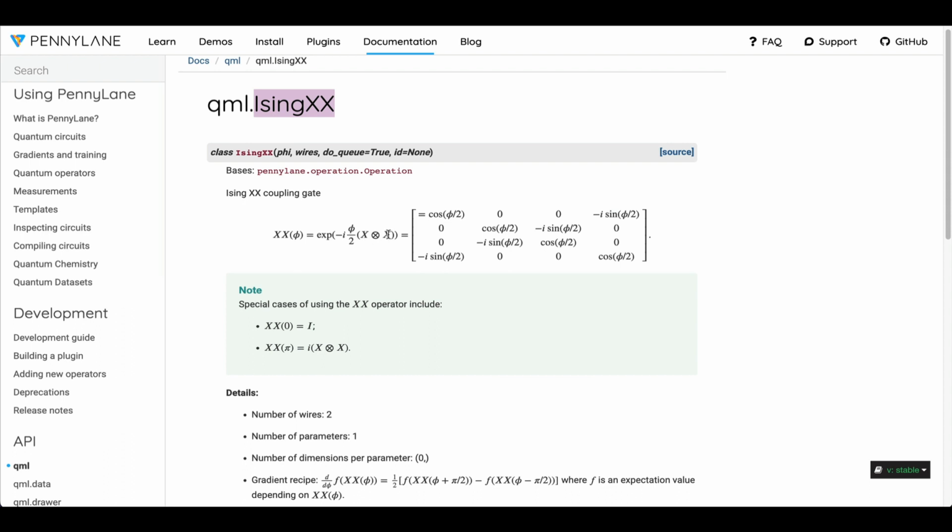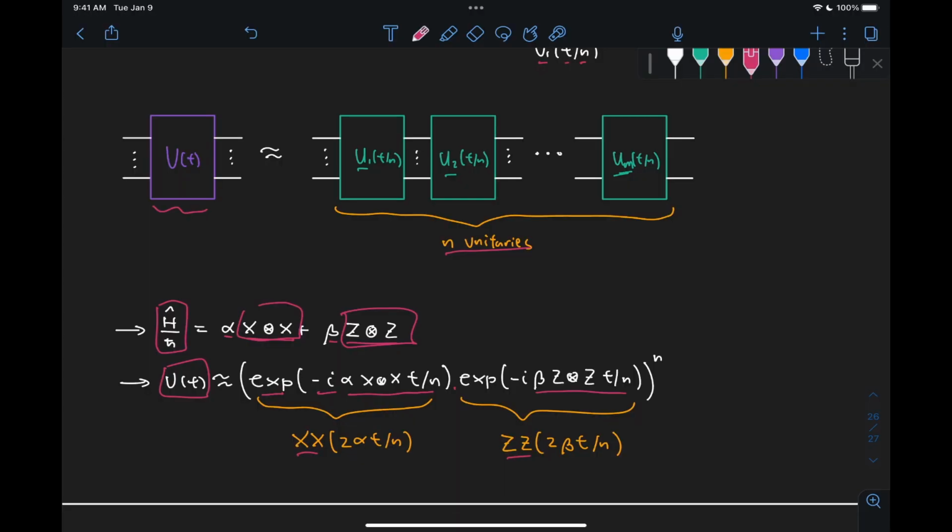So in order to match that definition to what we're given for this first term, which is alpha XX, the argument of that gate needs to be 2 times alpha times t over n. Then we apply these two gates, XX and ZZ, and repeat n times. So let's get that coded in PennyLane.